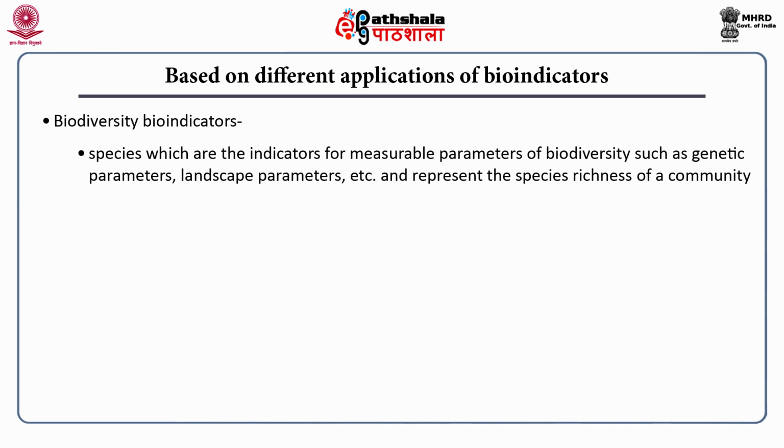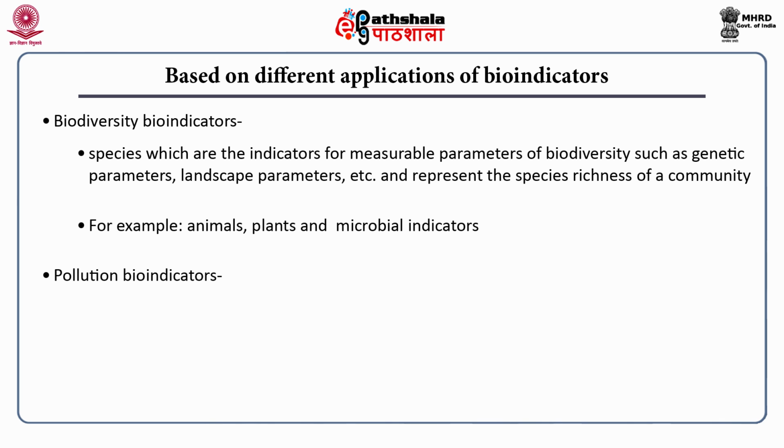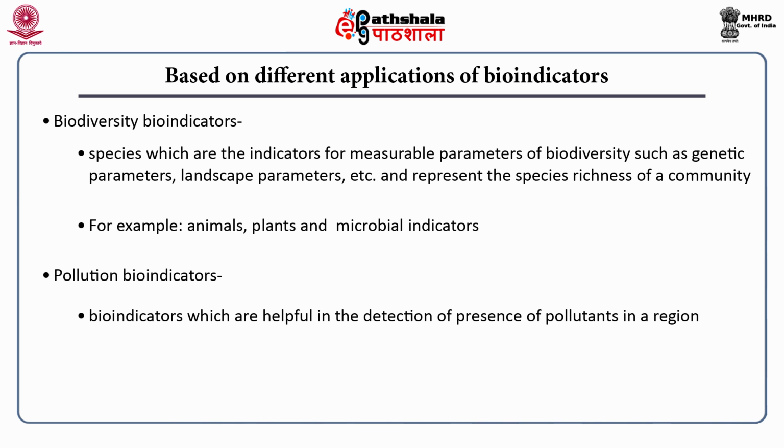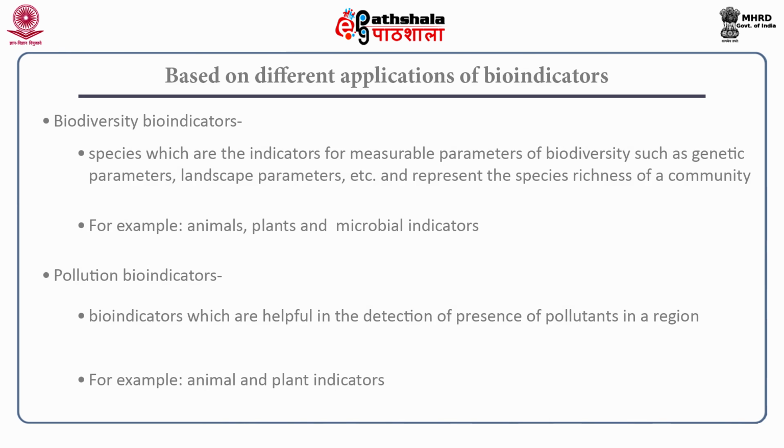These species are indicators for measurable parameters of the biodiversity such as genetic parameters, landscape parameters, etc., and they represent the species richness of a community. For example, animals, plants and microbial indicators. Pollution bioindicators, as the name suggests, are helpful in the detection of the presence of pollutants in a region. For example, animal and plant indicators.